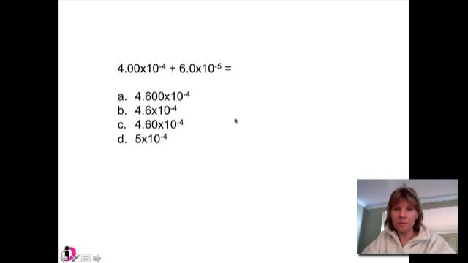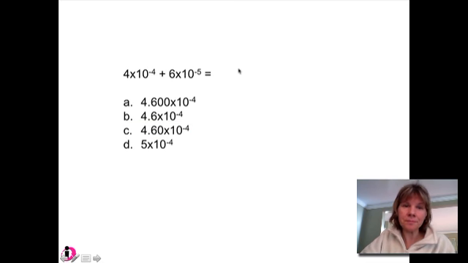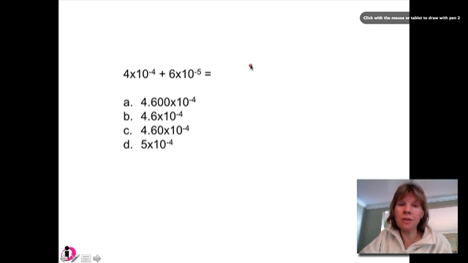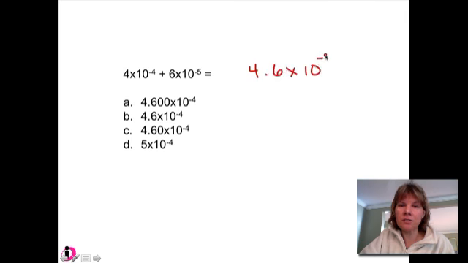Let's try another one where we're adding together these kinds of numbers. This number is accurate only to the 10 to the minus 4 place. This one is accurate to the 10 to the minus 5. Put them in your calculator, you will get 4.6 times 10 to the minus 4. Probably your calculator will say 4.600000, but how do we decide how to round off?